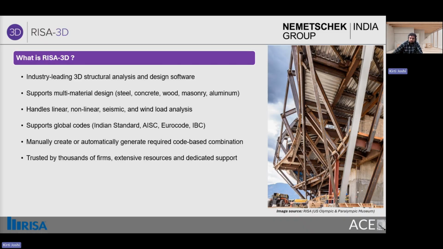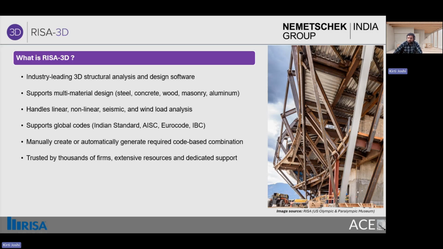It supports multiple materials: you can model and design steel frames, either hot rolled or cold formed steel, and even concrete members, timber structures, masonry, and aluminum members, all in one place. It also handles linear and non-linear seismic and wind load analysis. It also supports multiple design codes, including the Indian Standard, AISC, and Eurocode.